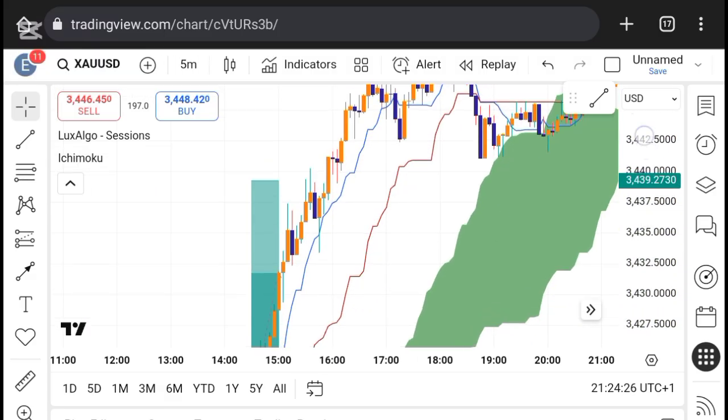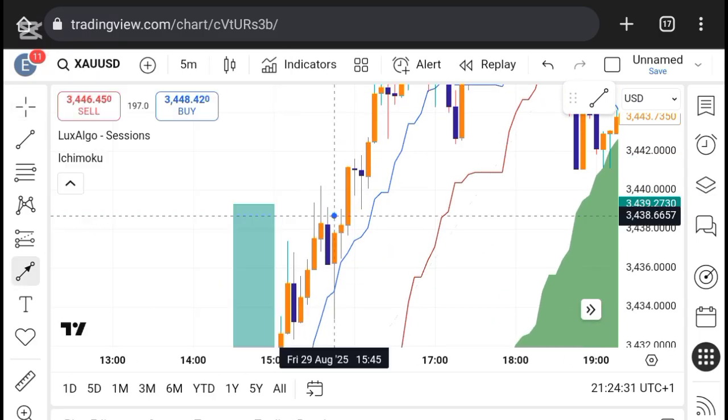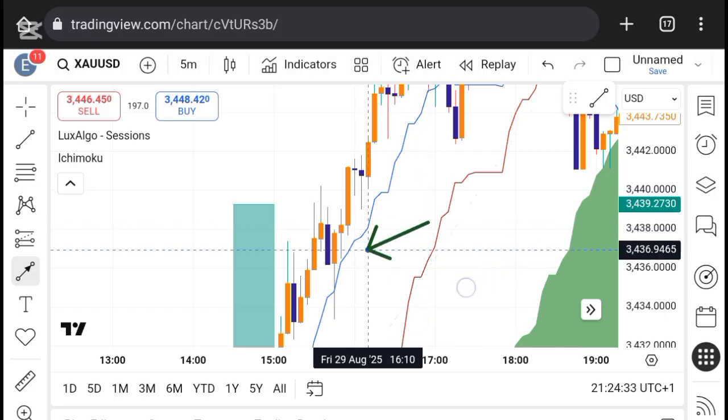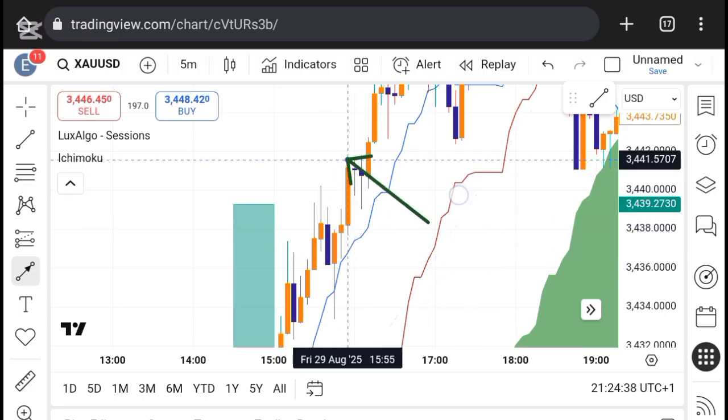After that, we still have, you see right here, the market also pulls back to the leading span. After it pulls back to the leading span, it closes bullish again.